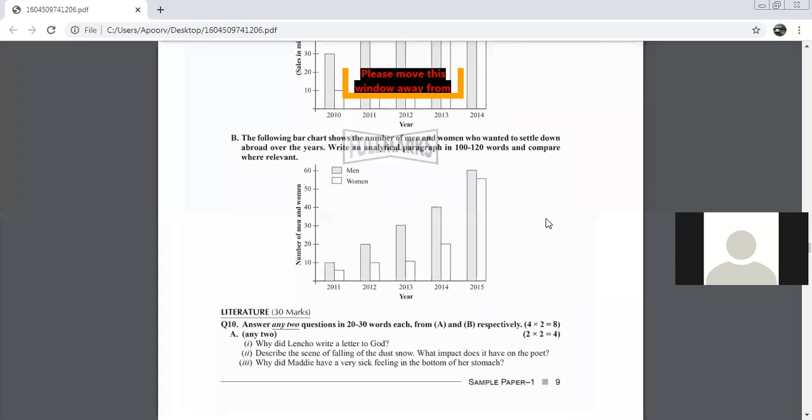Utkarsh, Akash, and Devansh, only 3 students are ready. Others also be ready. Ma'am, your camera is on.